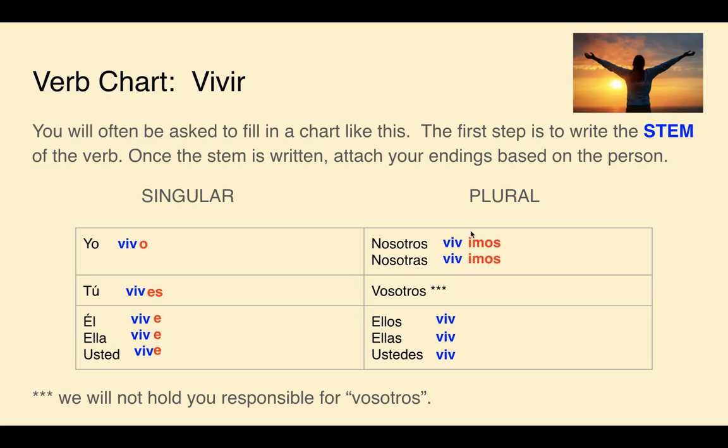Remember, it's an IR verb, so it is IMOS. That's the only difference between ER and IR in the present tense. And then ellos, ellas, ustedes are all the same, just like they were in the singular form. So ellos viven, ellas viven, ustedes viven.